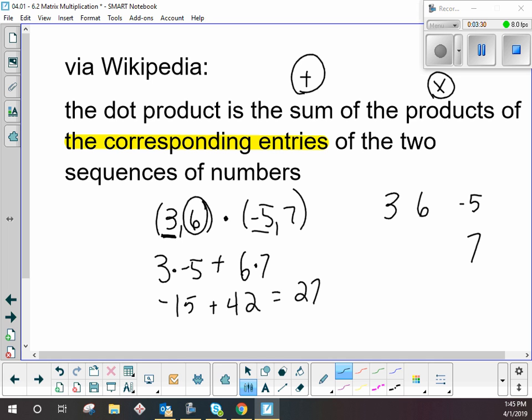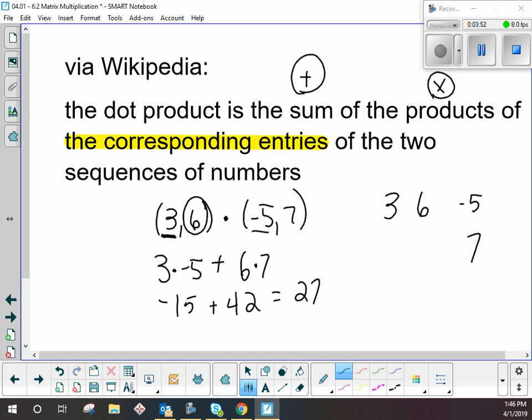Michaela, would you read me the thing that you found when you were Googling, please? What did it say for matrix multiplication? All right, perfect, thank you.